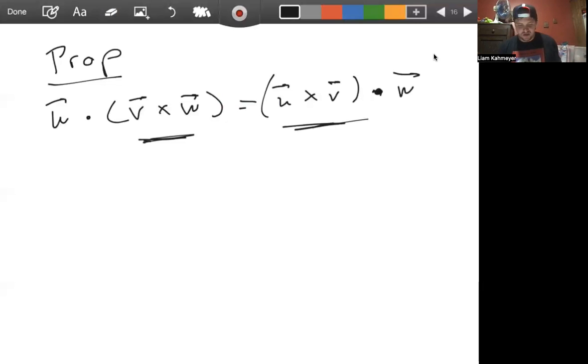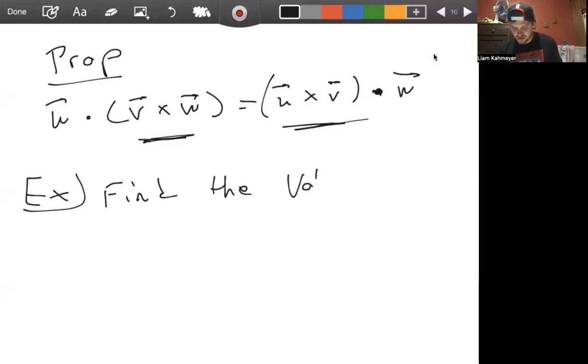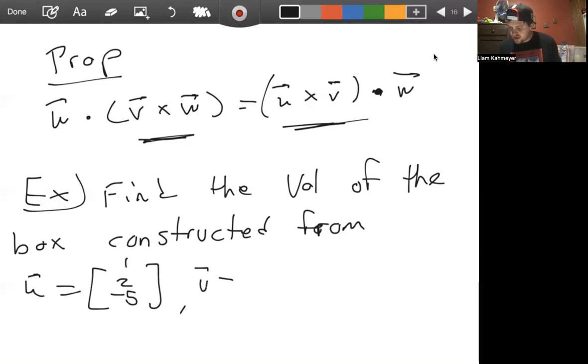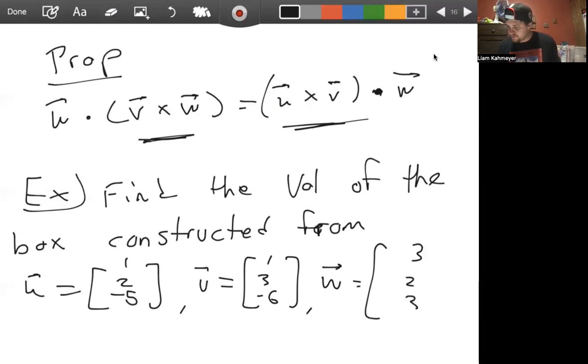So let's do an example here. Let's find the volume of the box constructed from the following three vectors. Let's say u is (1, 2, -5), v is (1, 3, -6), and w is (3, 2, 3).